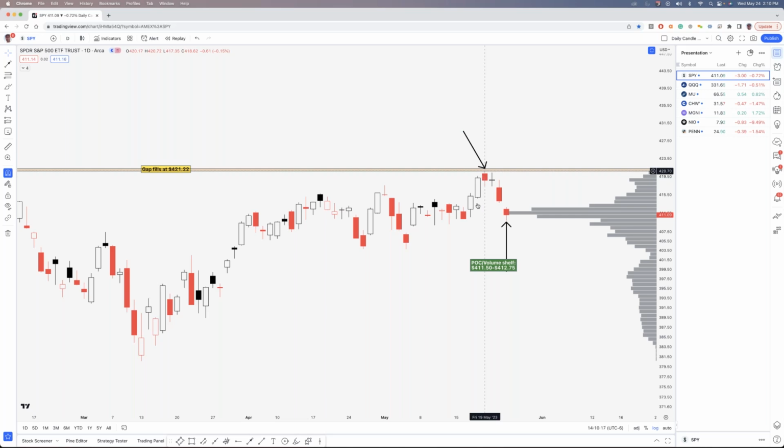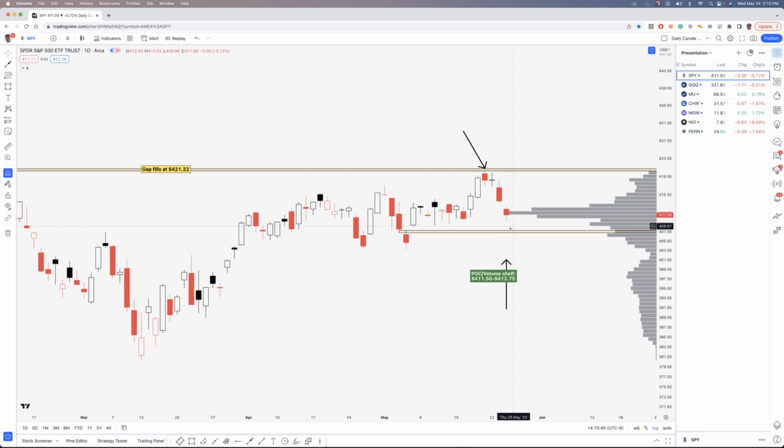If you're moving to the downside, let's say going into tomorrow we continue down, you have a gap right here. And that would be, if we continue down, which we closed almost right at the point of control. The point of control is just part of the volume profile, which shows you where the most volume has been traded since X period of time.